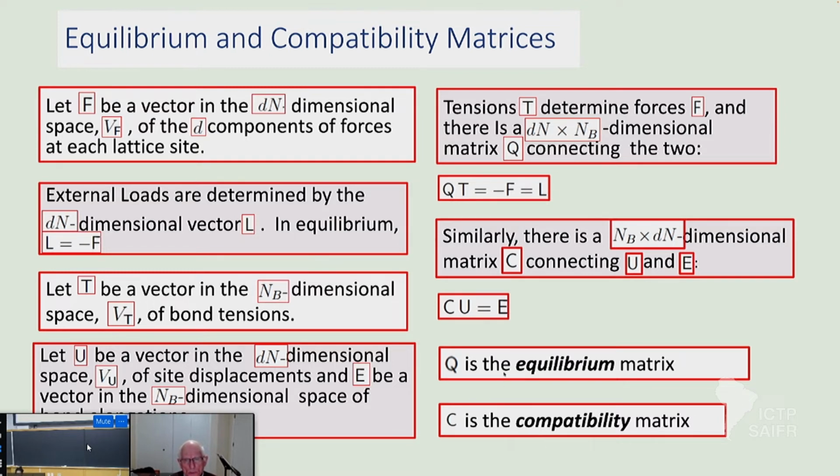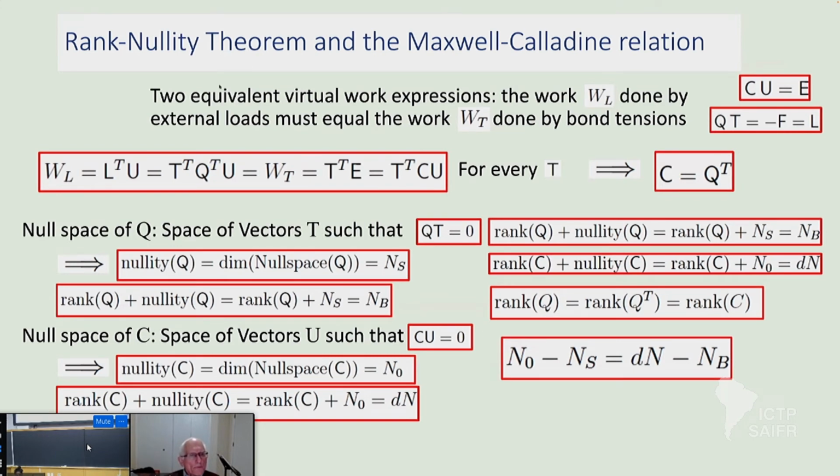Similarly, we have an N_B by dn matrix, this C, that takes U to E, and again, it's by construction. So Q is called the equilibrium matrix and C the compatibility matrix. This is the language taken from the engineering community from which I learned most of this. The physicists have other terms which are not at the tip of my tongue at the moment. So now we have a relation amongst all of these. We want to know if there's any relation between the U's and the T's, and what we're going to do is look at the virtual work.